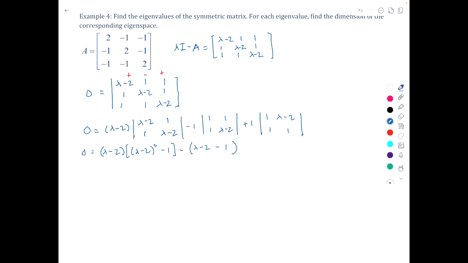And plus 1 minus quantity lambda minus 2.